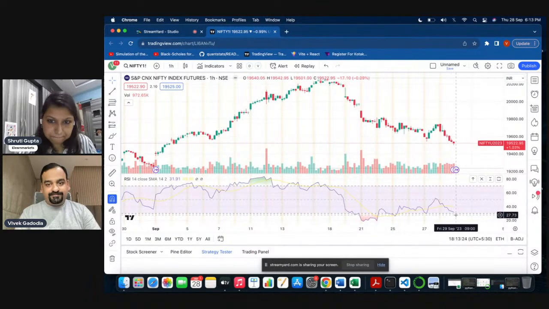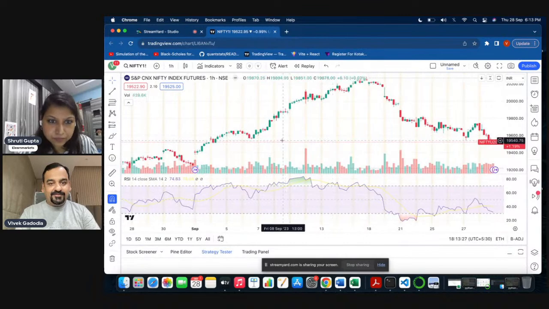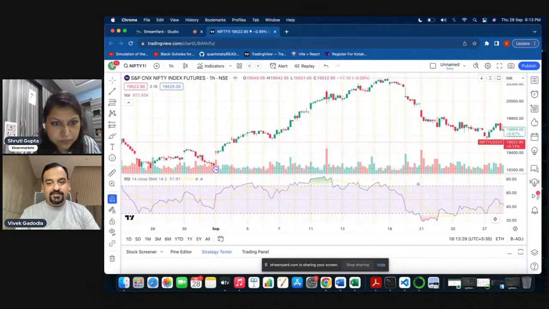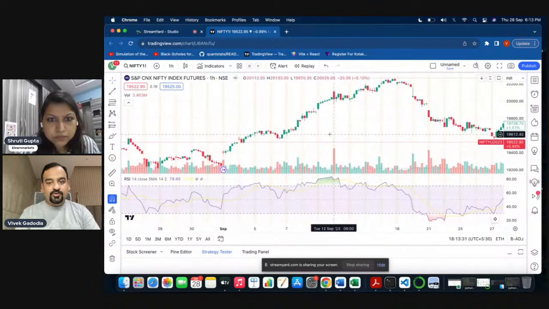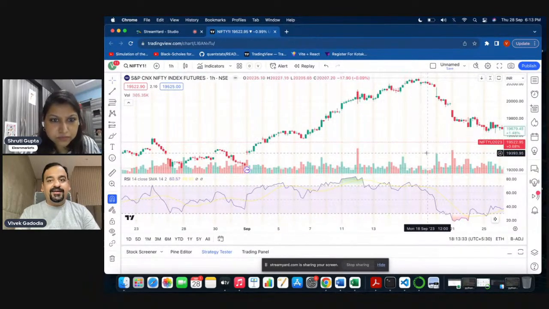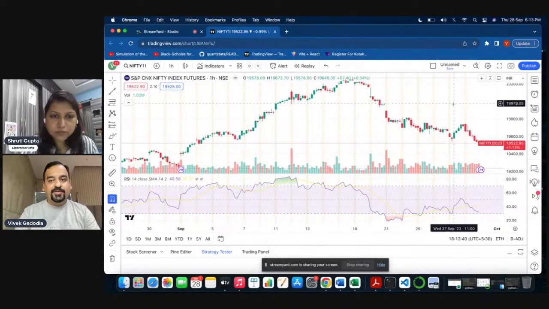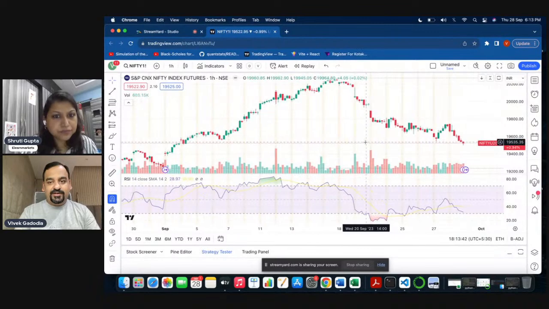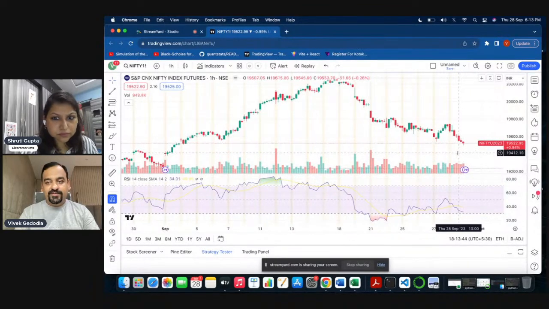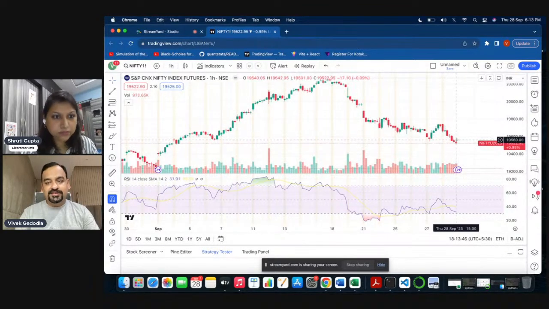Most people will say below 30 is oversold, but for a trend trader, a momentum trader, no price is too low to sell and no price is too high to buy. So if we go below 30, it is actually even more bearish. And today's closing at least is.